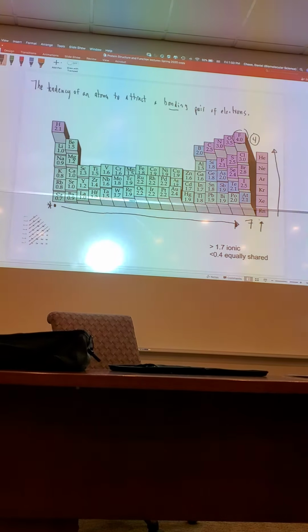That's really what's going to be important for us to understand. And we have just a couple of rules. One is that if the difference in electronegativity between two atoms is greater than 1.7, the bond between them is ionic. So let's look at an example.